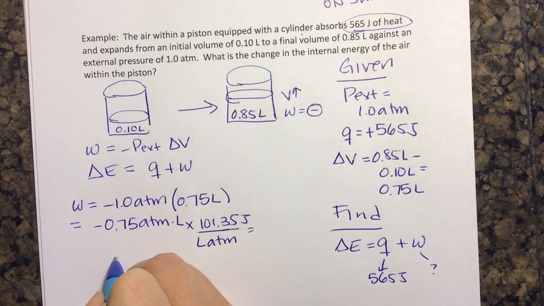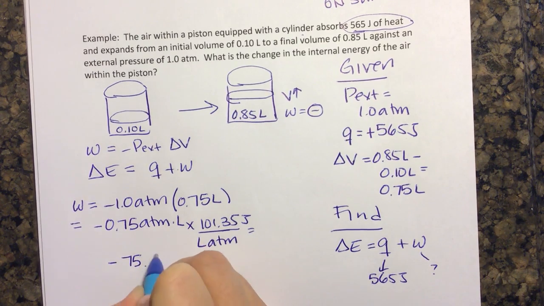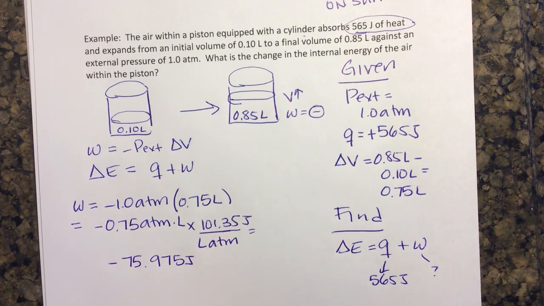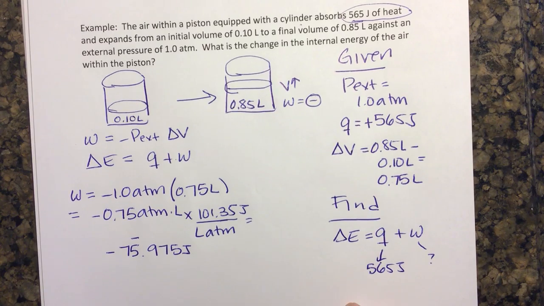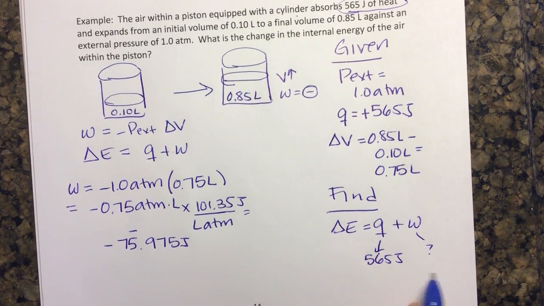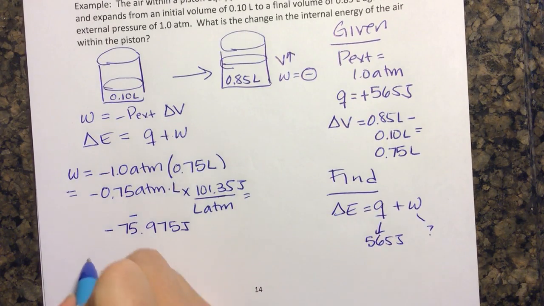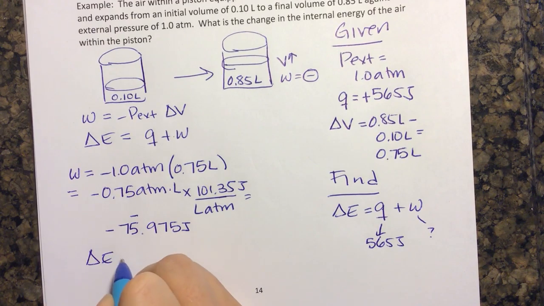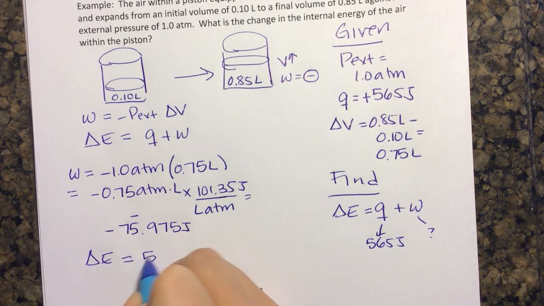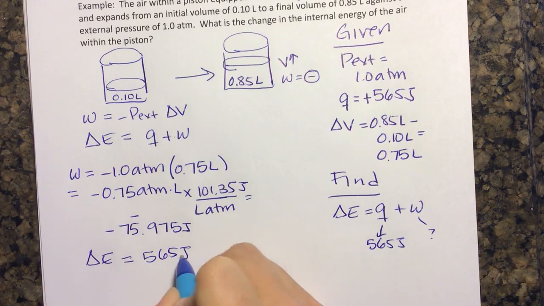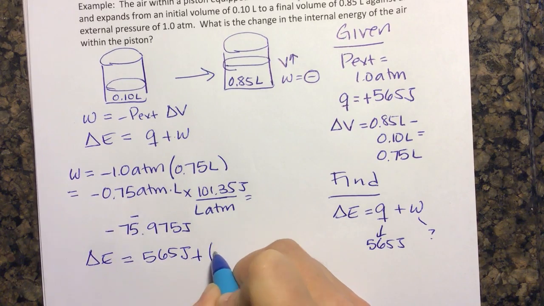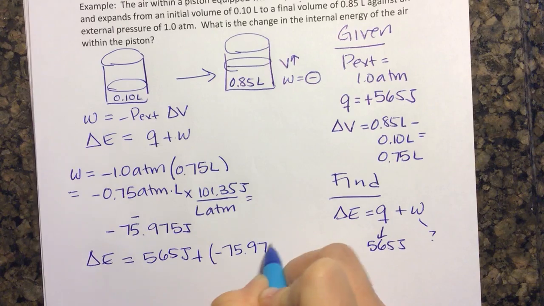When we do this, we get negative 75.975 joules. Hold that for our sig figs. Now we can plug it into our formula to find delta E. Delta E equals a positive 565 joules plus our negative 75.975 joules.